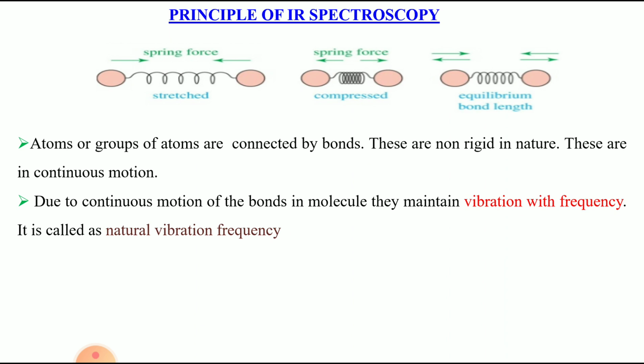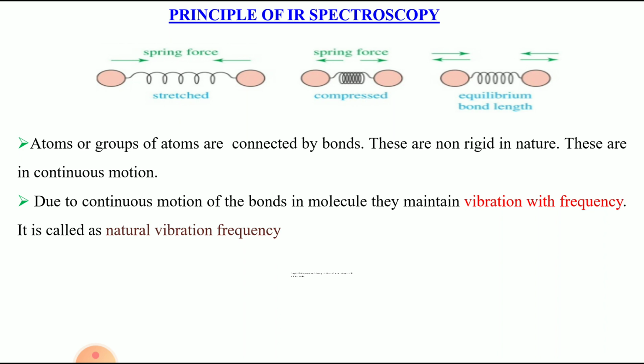Due to the continuous motion of the bonds in a molecule, they maintain some vibrational energy or vibration with some frequency. That's why it is called natural vibrational frequency. Each and every bond has some vibrational frequency naturally.